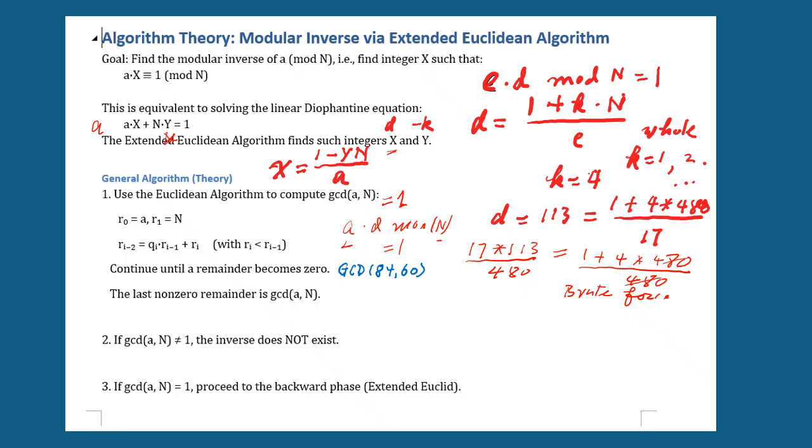The idea is that you keep on dividing the remainder into the divisor until you get a remainder of 0, and then you're done. Let's work out this problem. You have 84 and 60. What's the GCD? You divide 84.